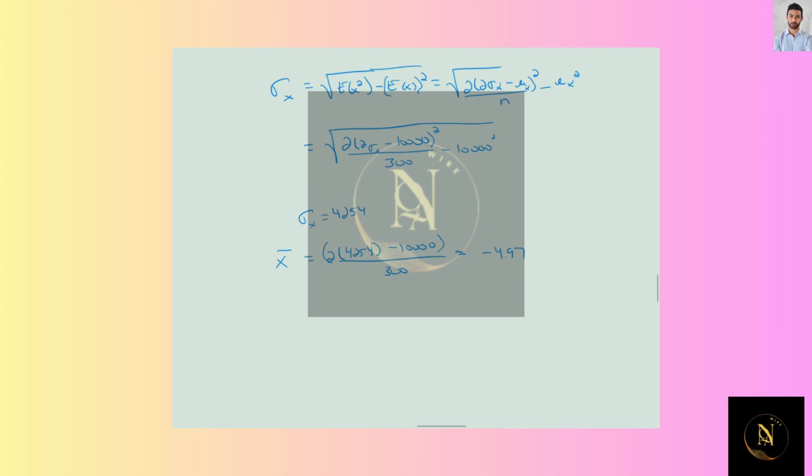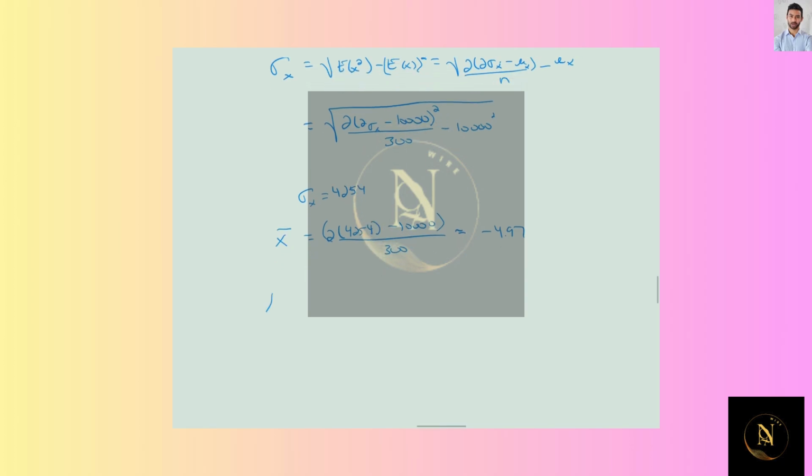And so then we can calculate the intercept as y bar minus beta 1 times x bar, which would be 250 minus negative 0.9 times negative 4.97 times 50 over 4254.